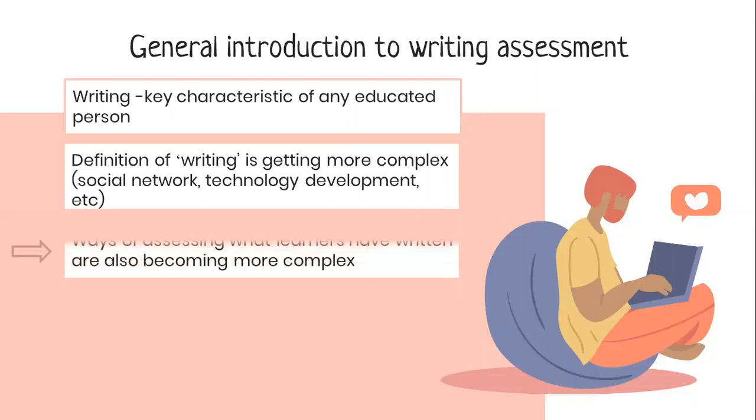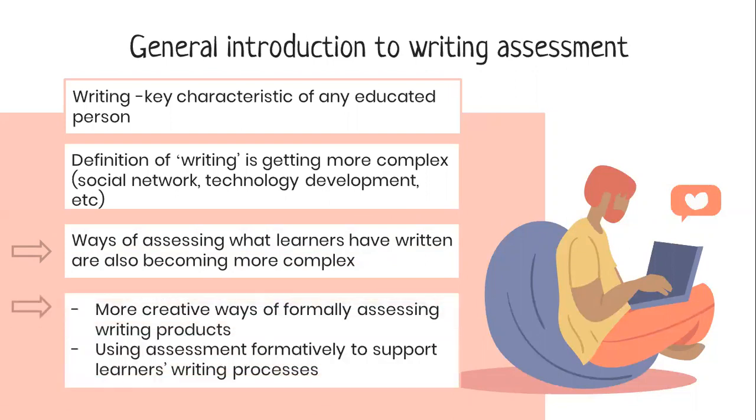So the ways of assessing what learners have written are also becoming more complex. This offers us many opportunities both for more creative ways of formally assessing writing products and for using assessment formatively to support learners' writing process.